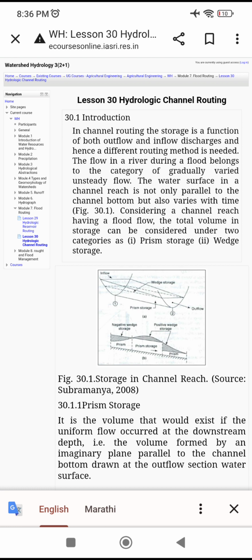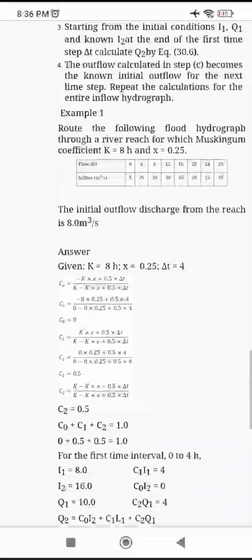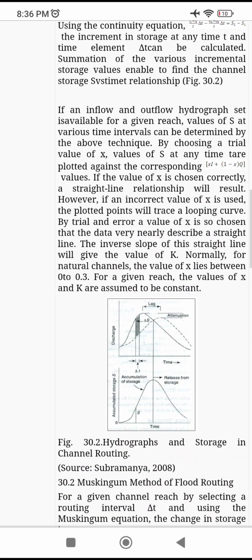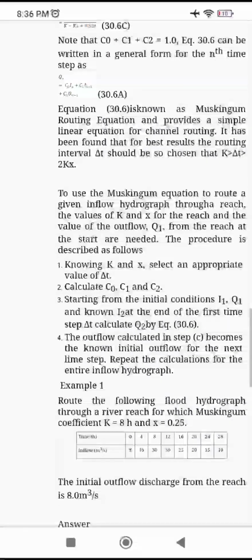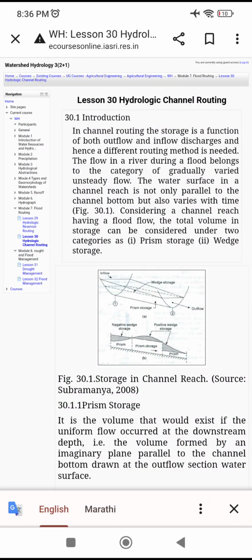Then channel routing, the storage is a function of both outflow and inflow discharge. So you just remember the name. Now here see, Muskingum method of flood routing. So you should know the method and its use from exam point of view.